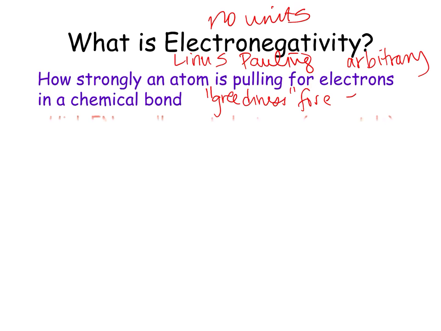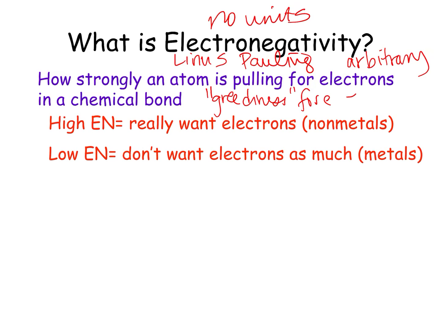There's no units. So if you notice elements close to fluorine, like chlorine, sulfur, oxygen, that kind of stuff, they have high electronegativity. So let's see, chlorine is a 3.2, oxygen 3.4, nitrogen 3. You know, they're up there.